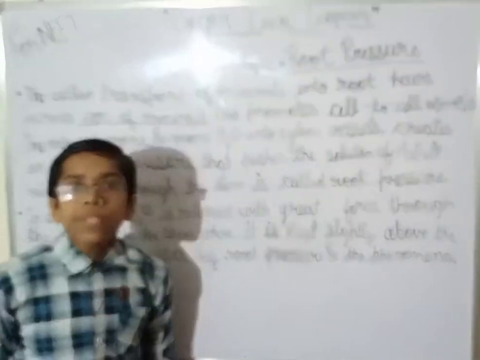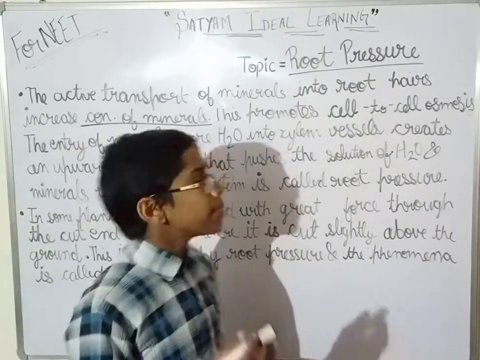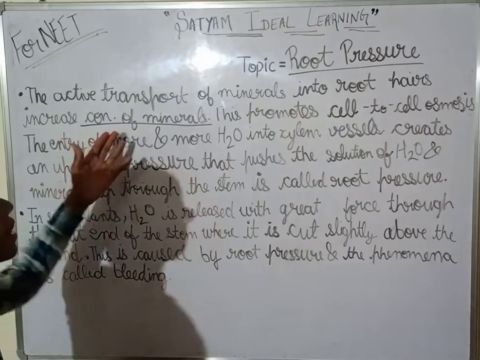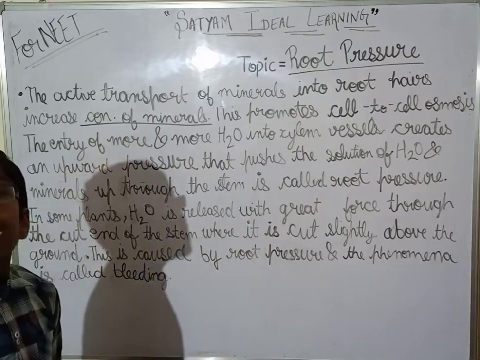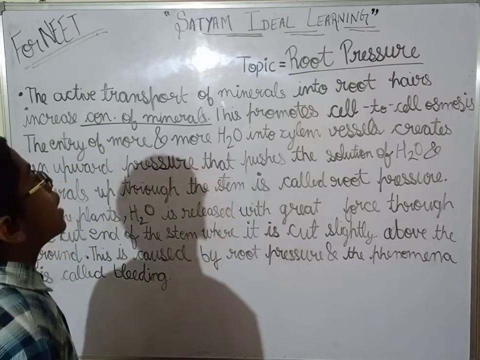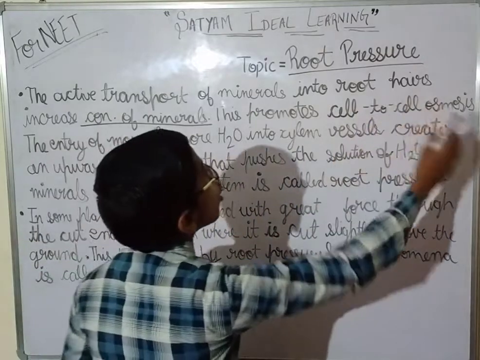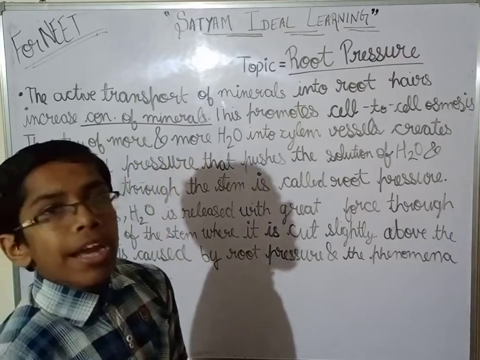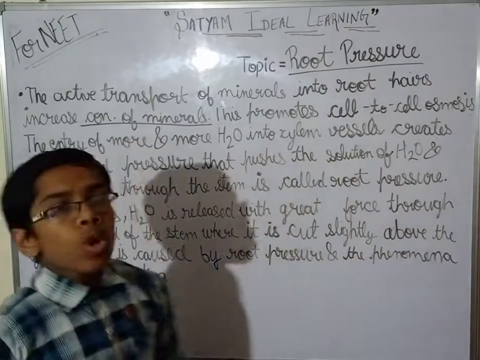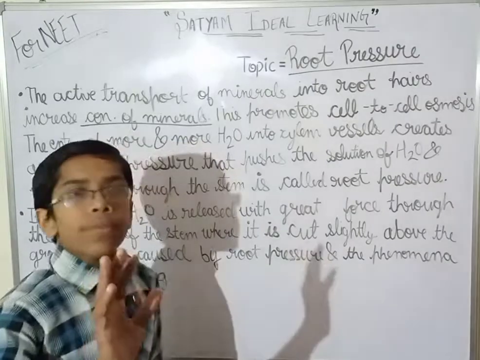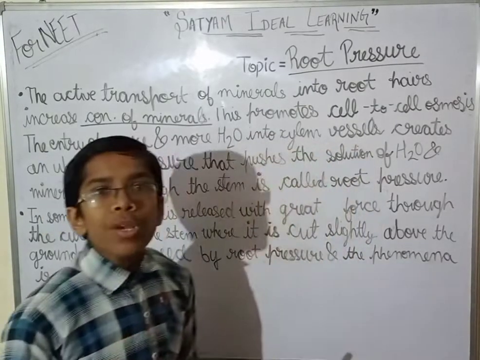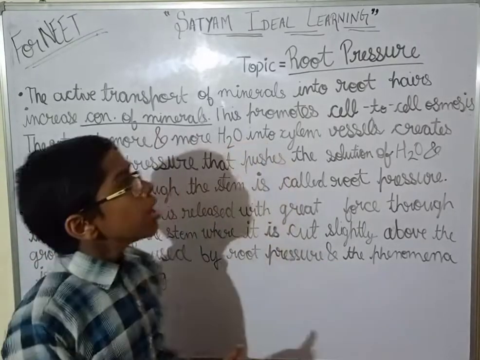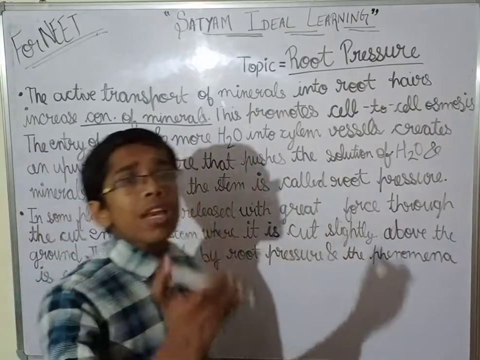When the active transport is continuous, the concentration of minerals will be high in the cells of the root hairs. This promotes cell to cell osmosis. Mineral is a solute, so a solvent has to come. In osmosis, solvent moves from a higher concentration to a lower concentration. So there will be cell to cell osmosis.